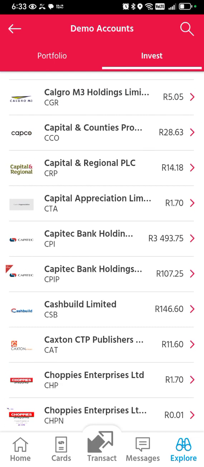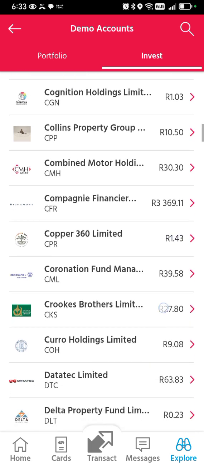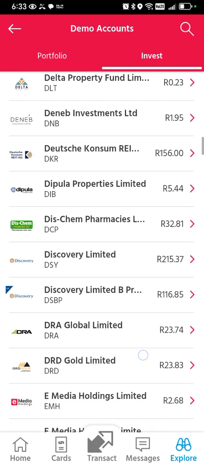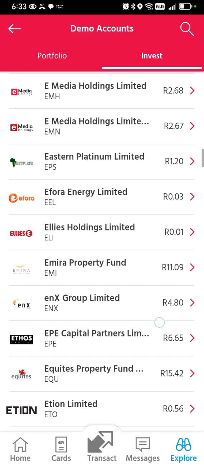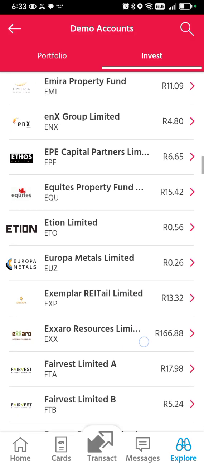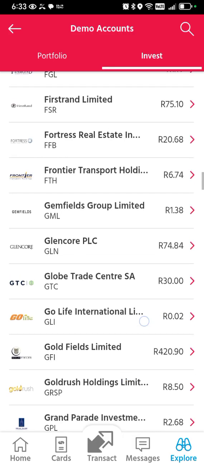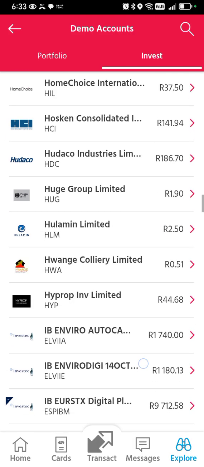See, Capitec is 3,000 something per share. And then you can check out a company, Discovery Limited, DRA Global Limited. All of these are companies that you can invest in.